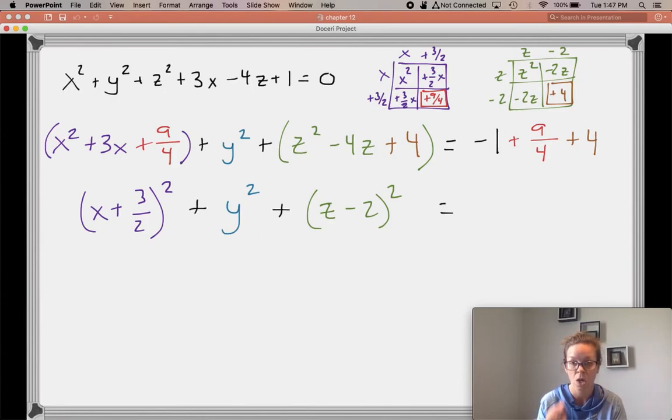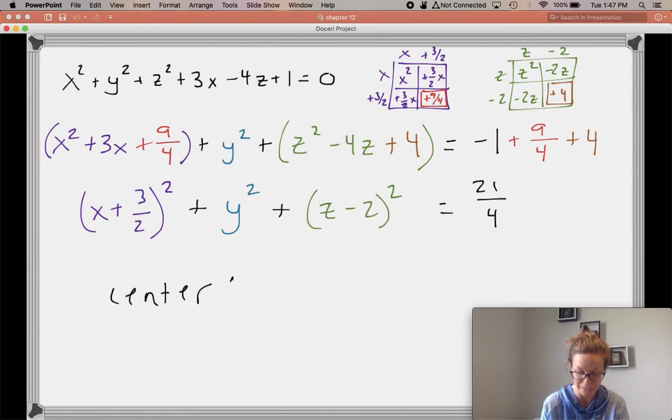Now on the other side, when I add this all together, I could get some common denominators there of fourths, and this adds up to 21/4. All right, so now this is in what we call standard form for our sphere, and our center is going to be located at the opposites of the numbers in each of those parentheses.